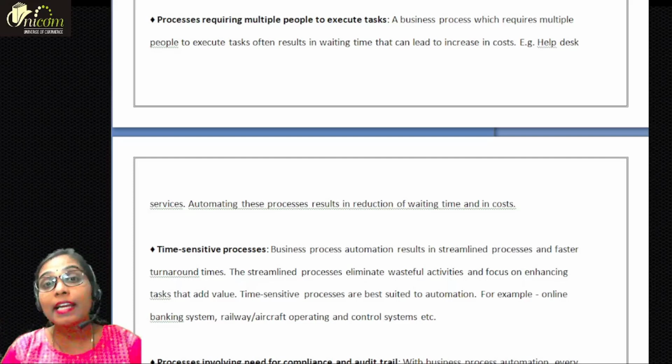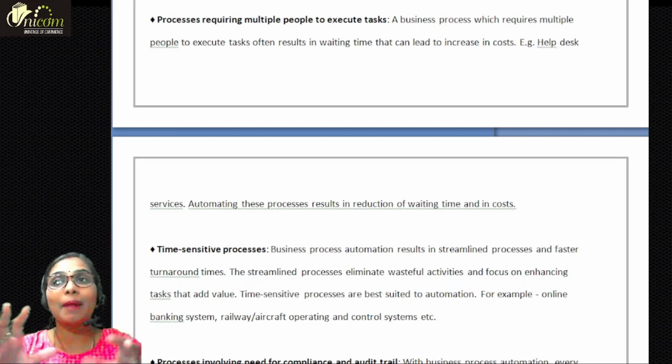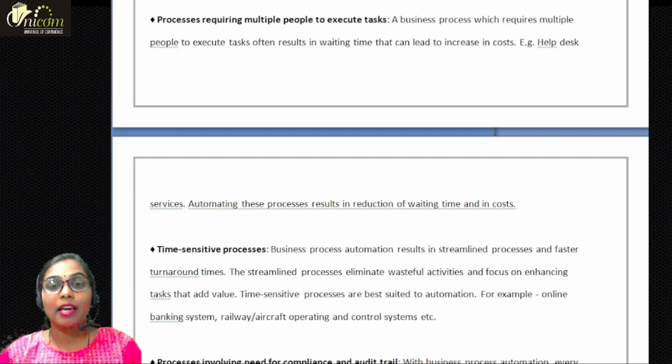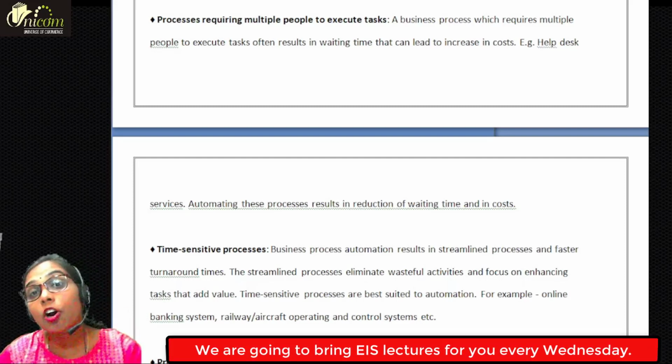Why? Because of the mechanism of the service or system they have to manage while doing a banking service, a railway service, or an aircraft service. In order to eliminate wasted time and focus only on what is important, these processes can be more helpful by putting on automation.